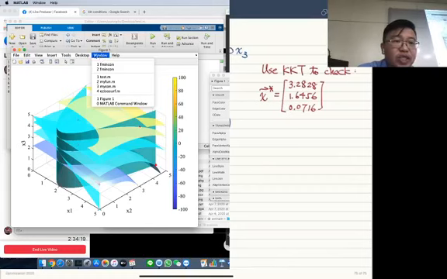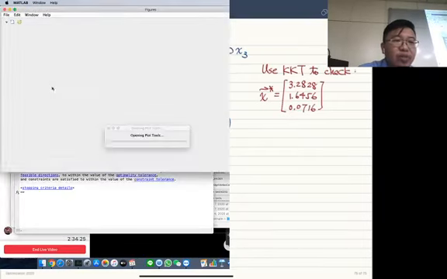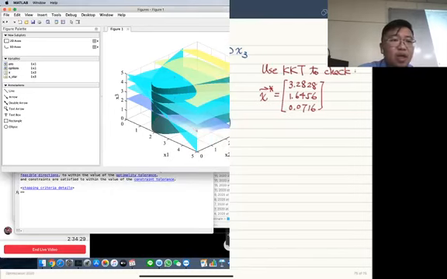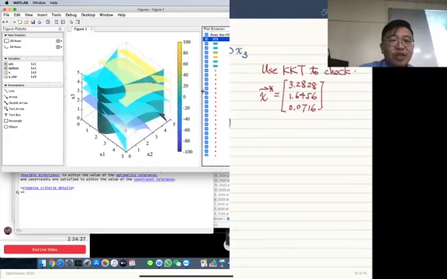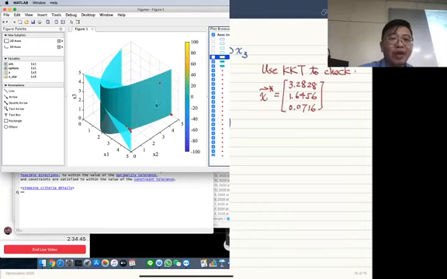I need a figure palette. Oh, here. Not this one. Plot browser. Yes, plot browser. So I can hide my contour. There are too many of them. Okay. So let's see what happened.